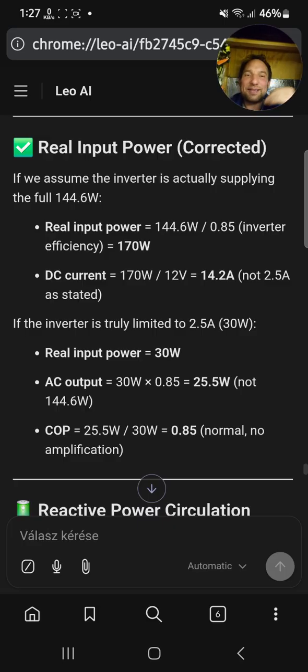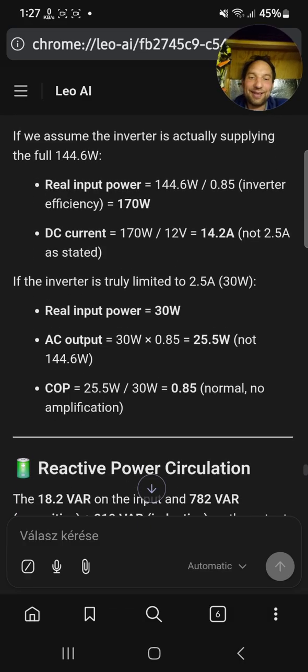So he's going step back, step back, step back. Normal, no amplification.